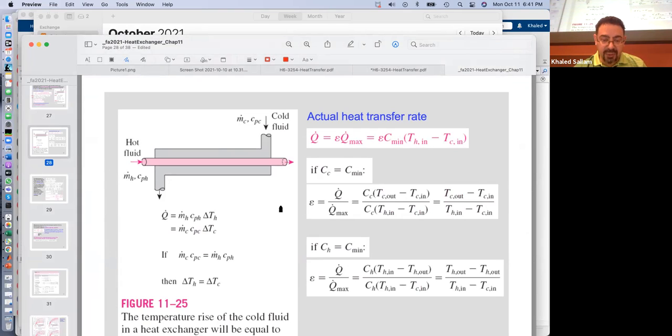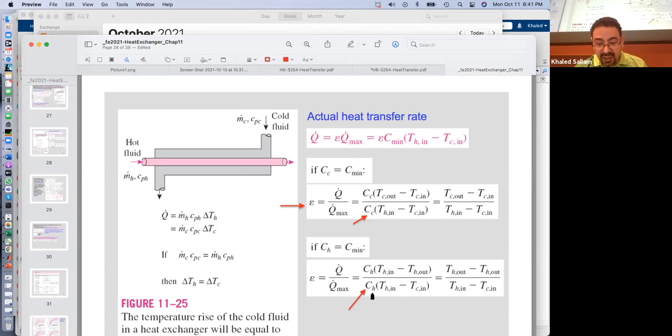By the way, epsilon, as we said before, is Q dot over Q dot max, which happens to be Q dot actual over that dream. Now he's saying that dream could happen by the cold, or it could happen by the hot, depending on who got the small heat capacitance, who got the small m dot Cp.